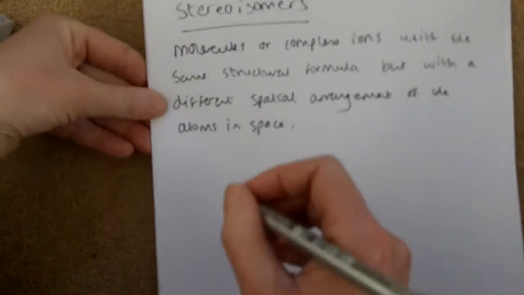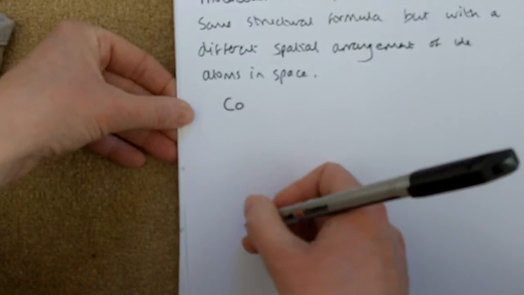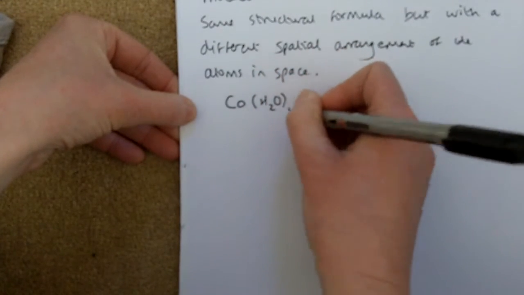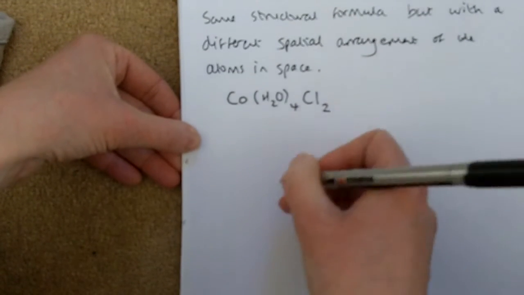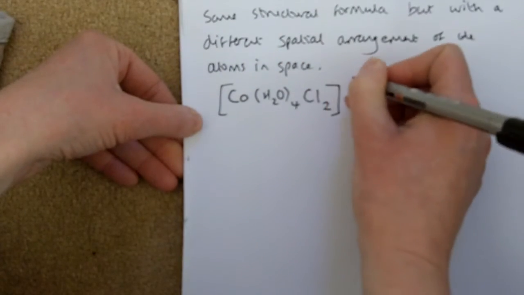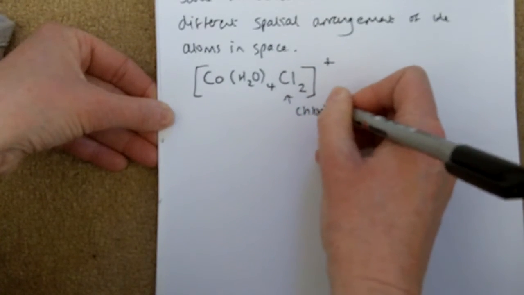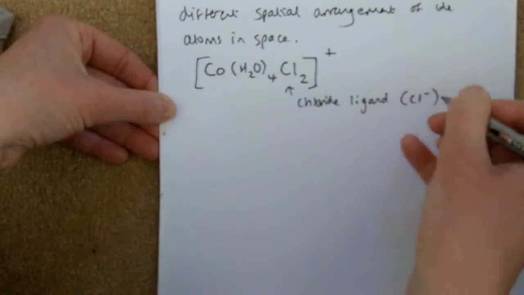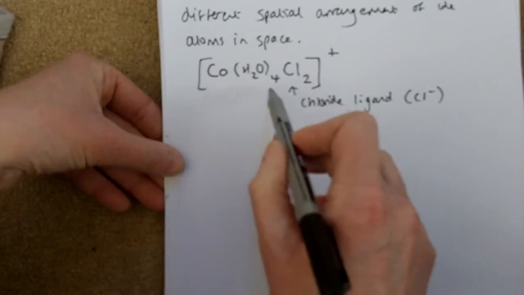So if you have a complex ion, for example, let's take cobalt with 4 water molecules, 4 water ligands, and 2 chloride ligands. That's called a chloride ligand because it's Cl minus. It's octahedral because there are 6 ligands.